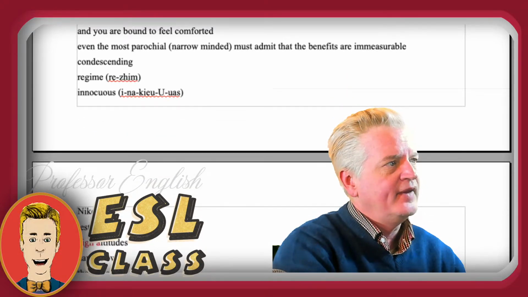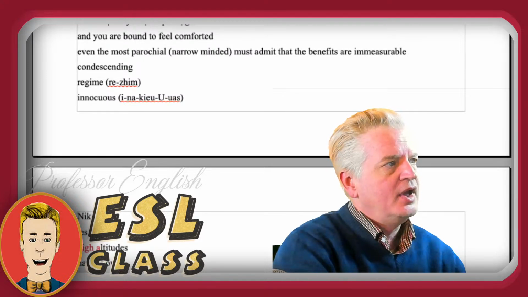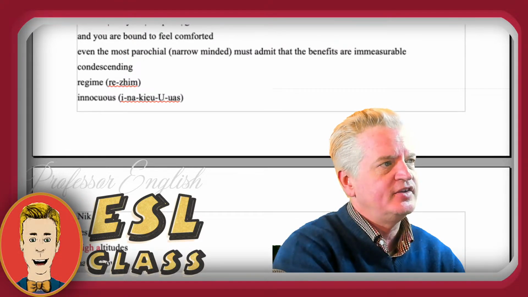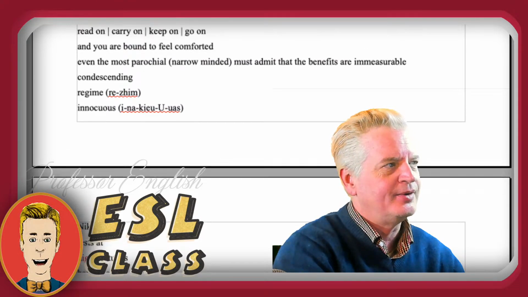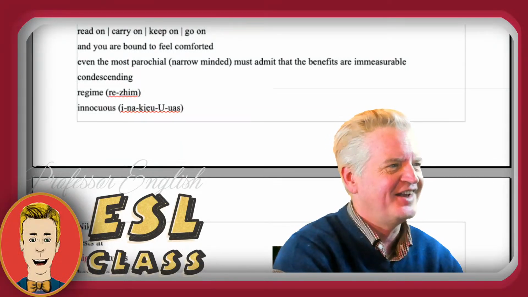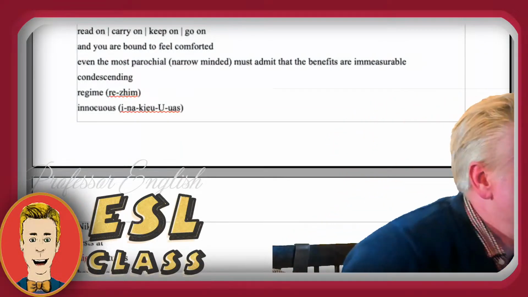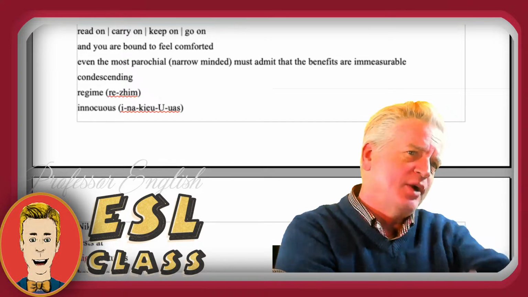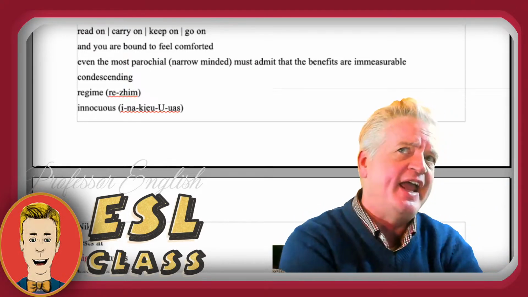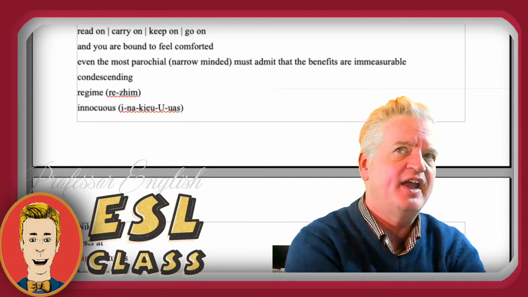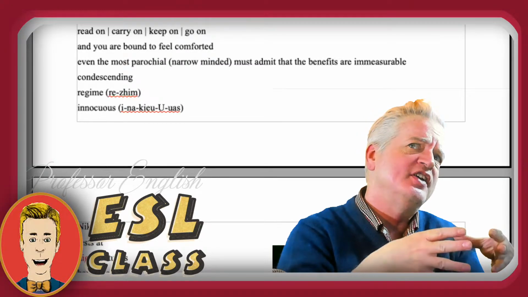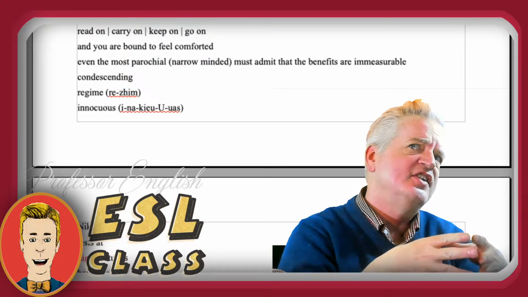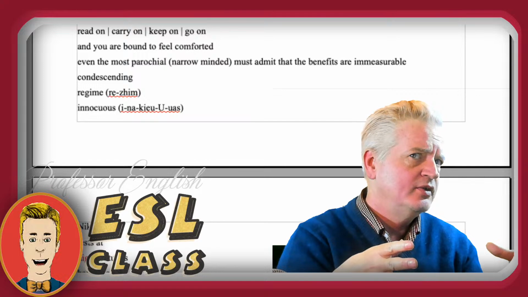Okay, and then we talked about the word, let's see. Even the most parochial must admit the benefits are immeasurable. So this is very advanced English, actually. Parochial. We'll start with the word parish. P-A-R-I-S-H. A parish is like the district of a church.